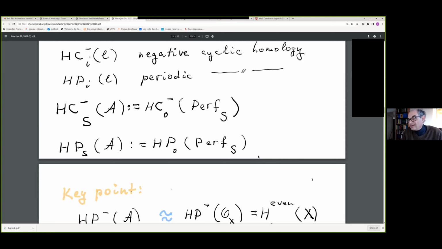Because a priori the categorical definition is given in the language of just taking objects of the category and doing something with them. But in this other definition, you construct an explicit complex which has nothing to do with any objects, and then you compute some cohomology. And even for an affine variety, where both definitions are applicable, it's not completely obvious why you get the same thing.